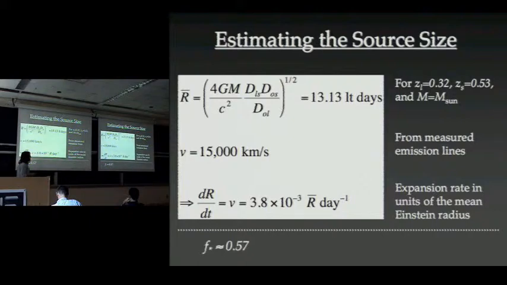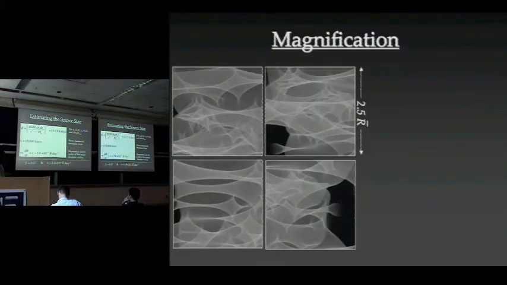And so the expansion rate in units of the mean Einstein radius is about 4 × 10⁻³ per day. So over the course of the supernova's life, it will expand out to be about comparable to or a little bit less than the stellar Einstein radius. So a fraction of surface density in stars of 0.57 and 4 × 10⁻³ Einstein radii per day implies that microlensing will be likely in lensed supernovae.